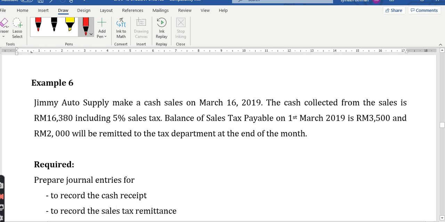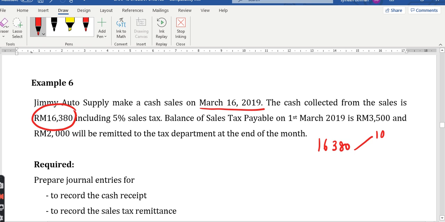Jimmy Auto Supplies makes a cash sale on March 16, 2019. This is the day that we made our sales. The cash collected from the sales is 16,380, which is inclusive of the sales tax.